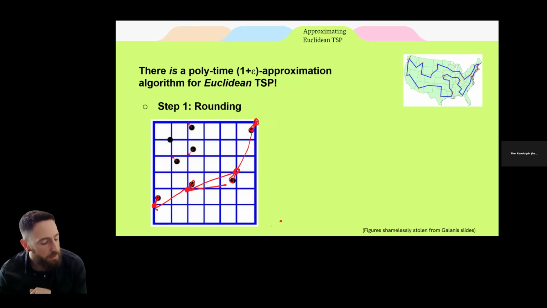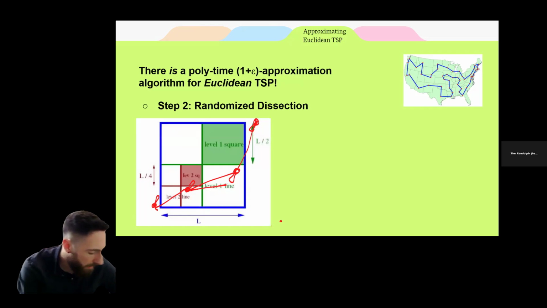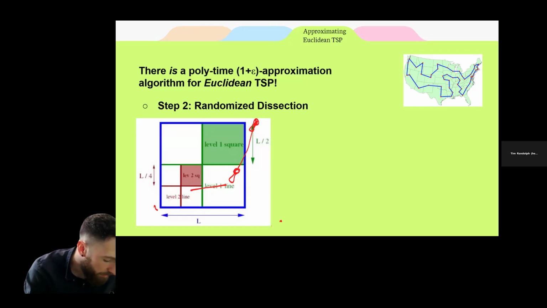And by the triangle inequality, that excursion is an upper bound on how badly off my actual result is.